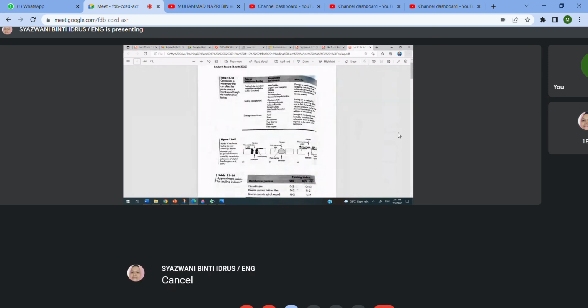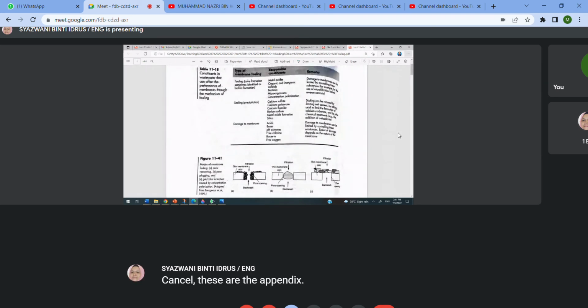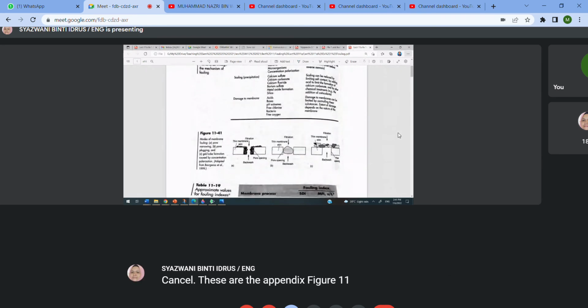Okay, so these are in the appendix, figure 11.41. These are the pores narrowing.